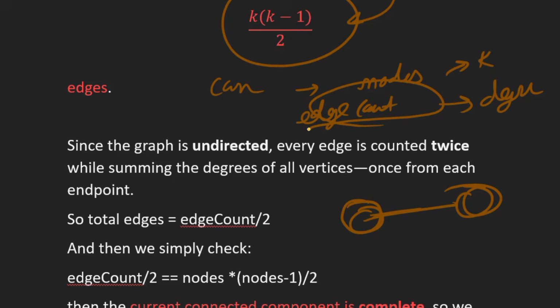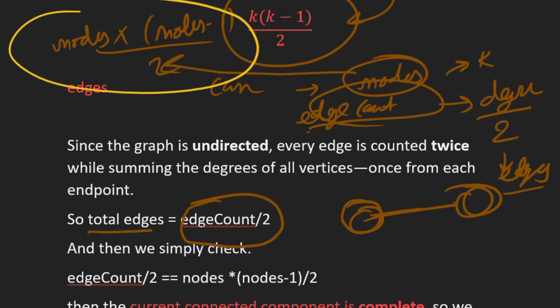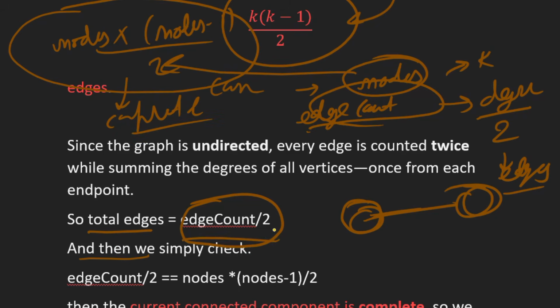So whatever degree sum we get, that divided by 2 will be the total number of edges. So to find the total number of edges, we do edge count by 2, and we know the number of nodes, stored in nodes, so the expected number of edges will be nodes into nodes minus 1 by 2. This is the number of edges the component should have for it to be complete, right? And the actual number of edges is edge count by 2.